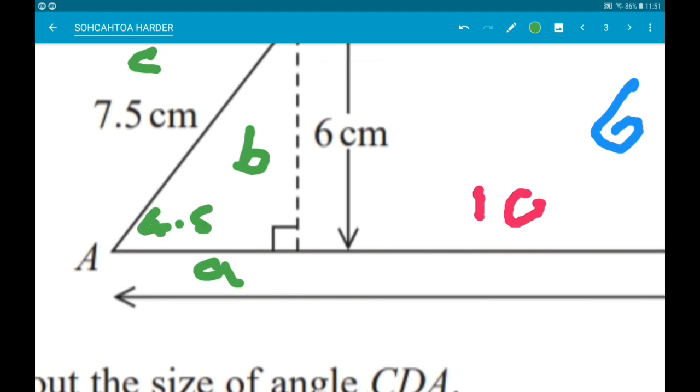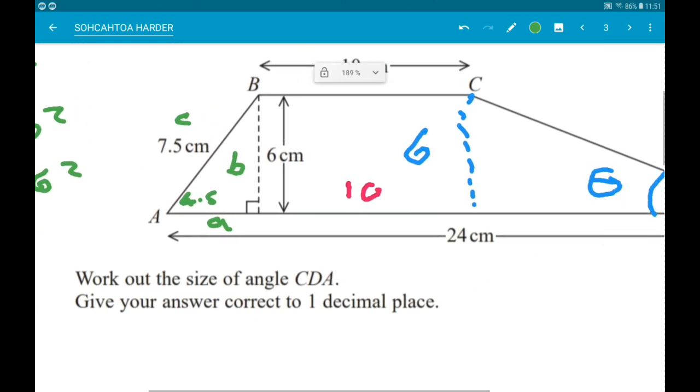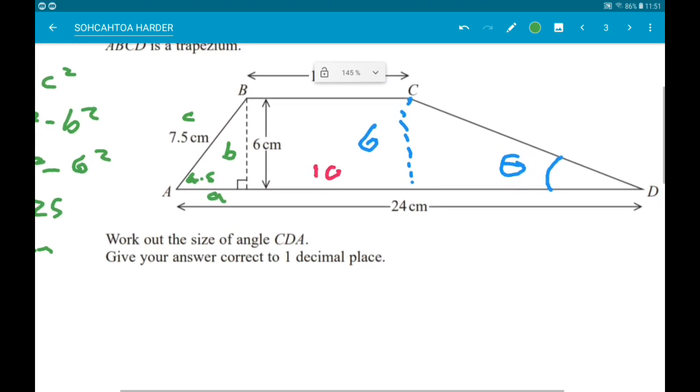So what we can now do is work out the base of the right angle triangle over on the right.